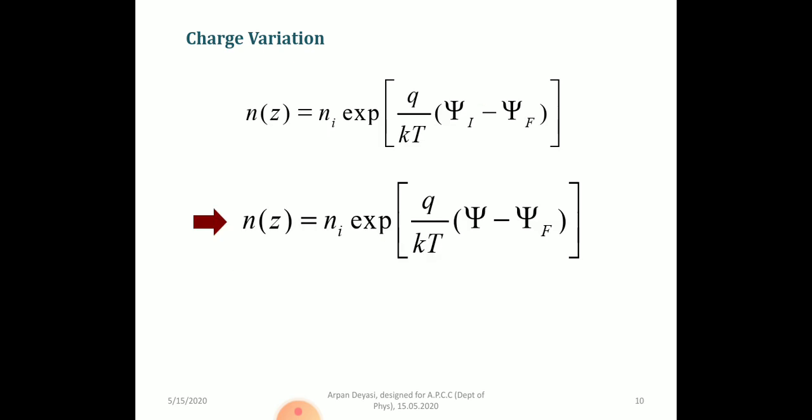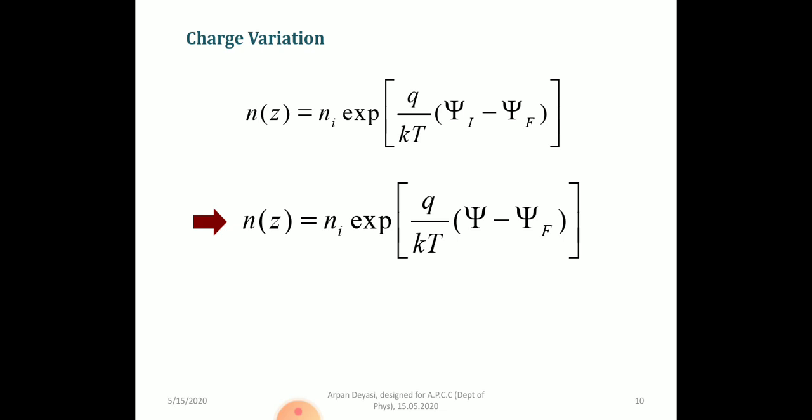Similarly, I am going to calculate for n(z). Here the extrinsic Fermi level goes upward, so it will be psi_I minus psi_f. Again, psi_I becomes equal to psi, it is very clear, because it will be the upward shifting, and I am substituting psi(z) tends to infinity is 0. That's the first boundary condition and my band bending requirement.